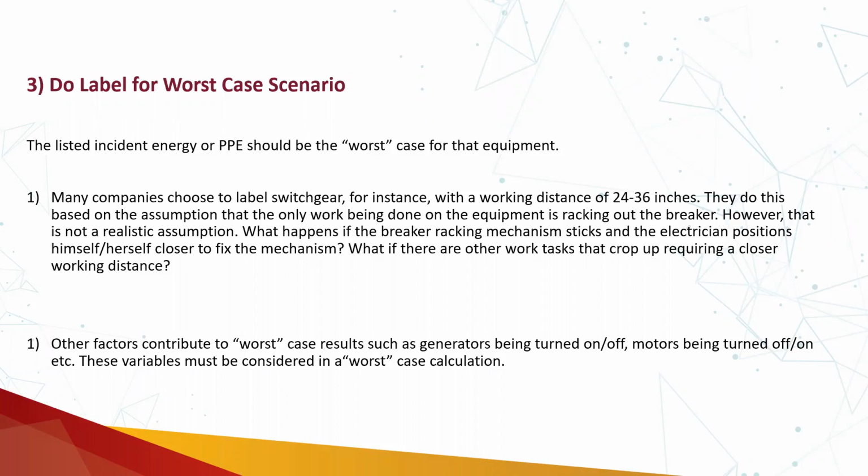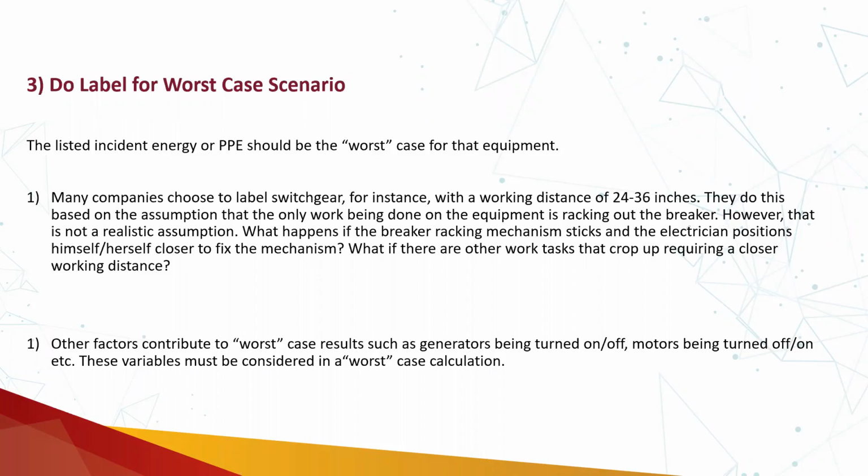So we won't be putting 3 labels on that particular equipment. We will only put 1 label for the worst case scenario, which is how it will look when we are working at the minimum distance of 18 inches. So don't put multiple labels, only label once, for the worst case scenario.